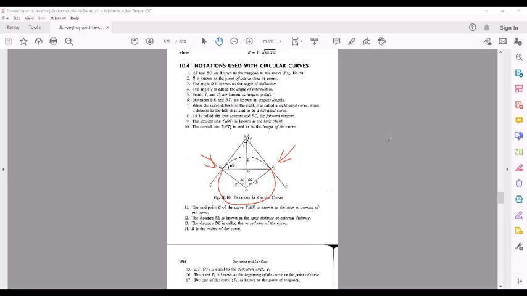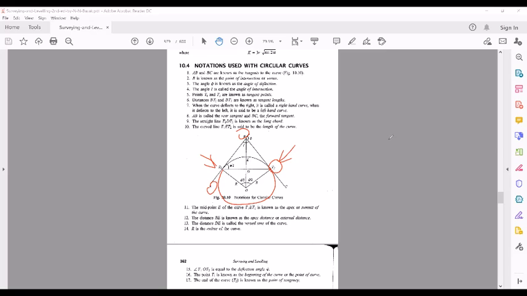Now, if you see this line AB, it is basically tangent to the circle at the point T1, which is the starting point of the curve. Similarly, over here, the point T2 is the tangent point for the line BC, which is tangent to the circle at the point T2, which is the ending point of the curve.